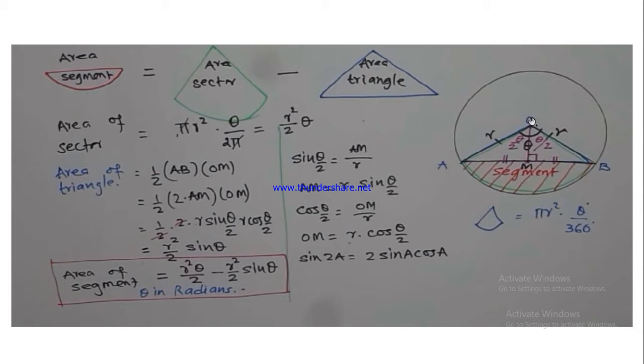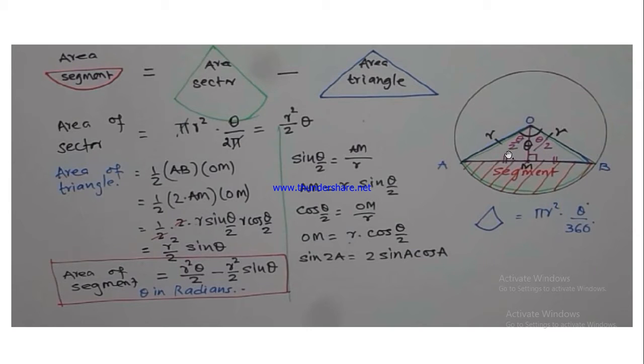For this, we go again to the triangle AOB and observe that OA is equal to OB, as these are radii of the circle. So the triangle AOB is an isosceles triangle. By the property of an isosceles triangle, the perpendicular from the vertex bisects the base and also bisects the vertex angle.